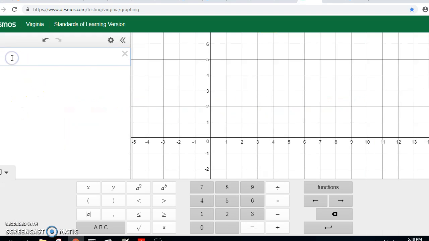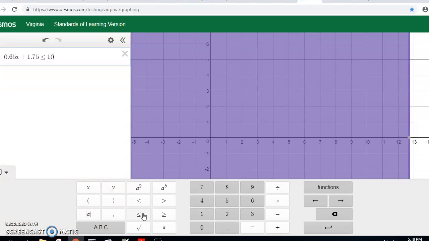In the first line of Desmos, I will type 0.65x plus $1.75 will be less than or equal to $10.